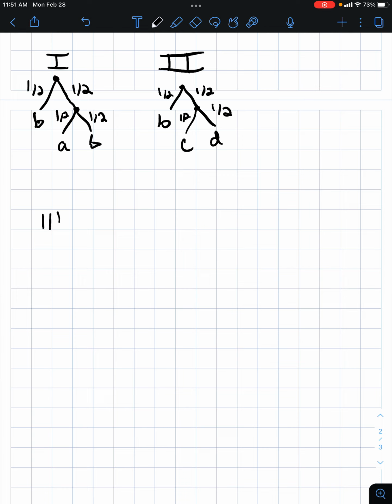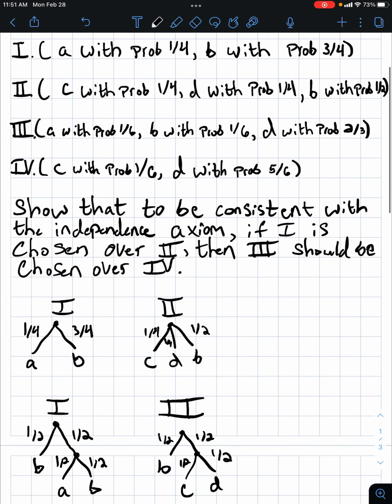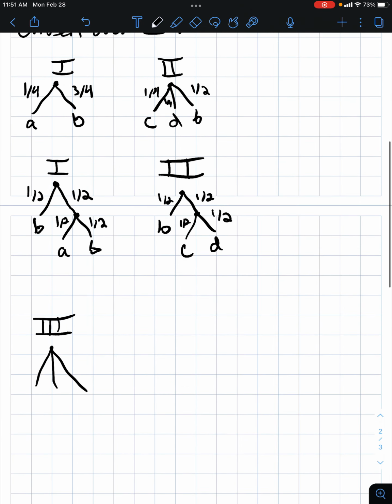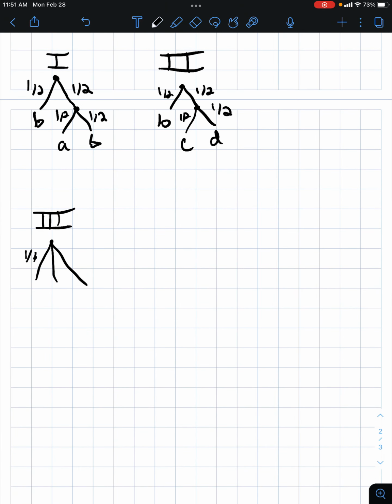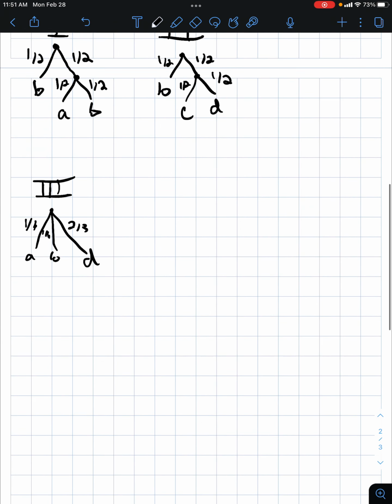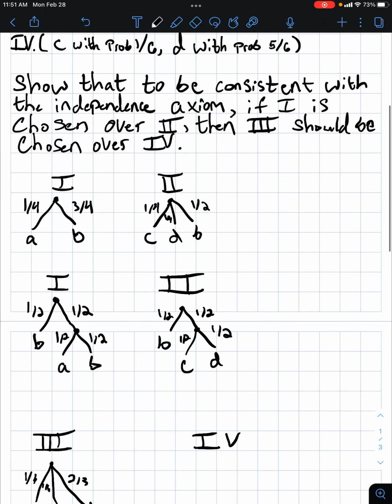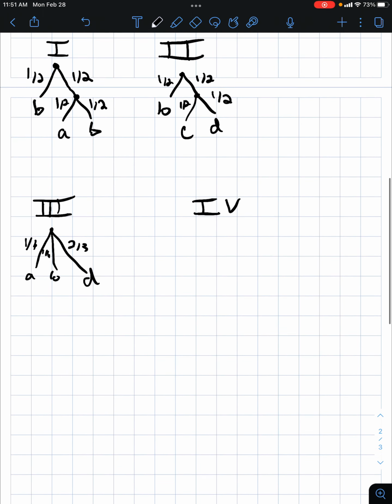For lottery 3, the original lottery was 1/6 for A, 1/6 for B, and 2/3 for D. And for the fourth lottery, we had C 1/6 and D 5/6.